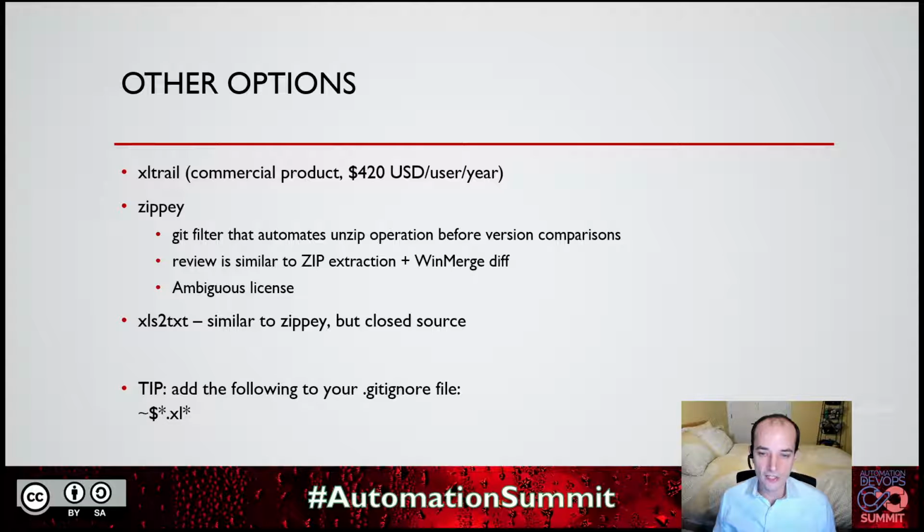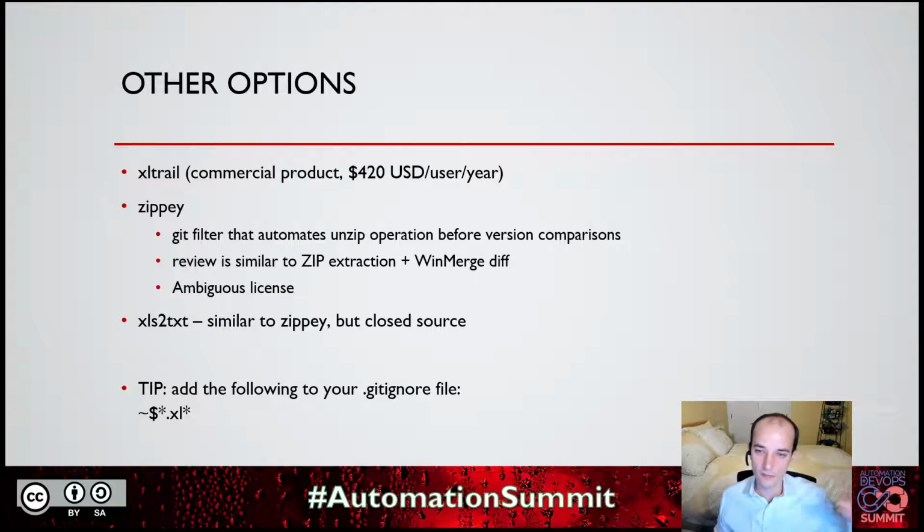Another option I actually did kick the tires on is called Zippy. Zippy is a Git filter like you see on the slide that basically, when you commit an Excel file and you want to diff that commit, automatically takes that Excel file, the old and the new version, extracts both of those files into a temporary directory and then compares those two directories. And so you get a nice text-based diff when you do that.